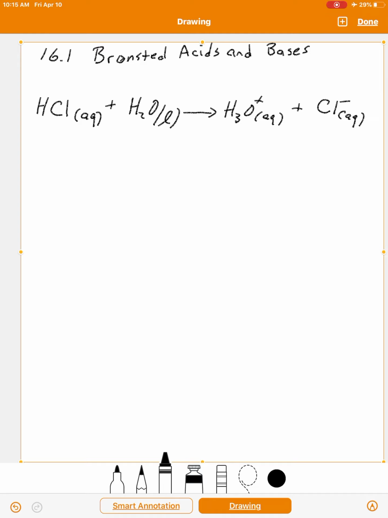Okay, now the idea of the Bronsted acid-base theory is that it looks at acid-base chemistry based on the idea of what's called the proton donor. The proton donor is the acid.